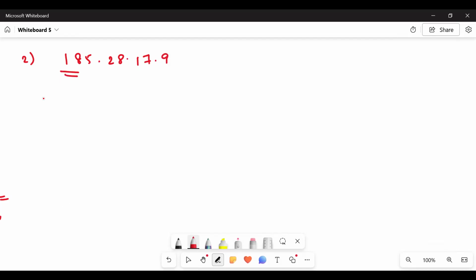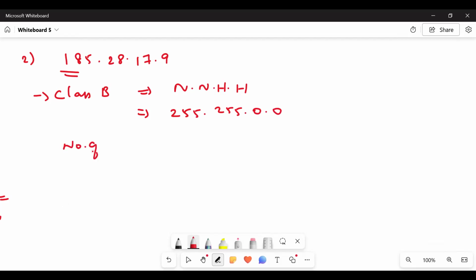This range falls under class B. Class B means obviously we have 2 network ID bytes and 2 host ID bytes. So what is the default subnet mask for this? The default subnet mask is 255.255.0.0.